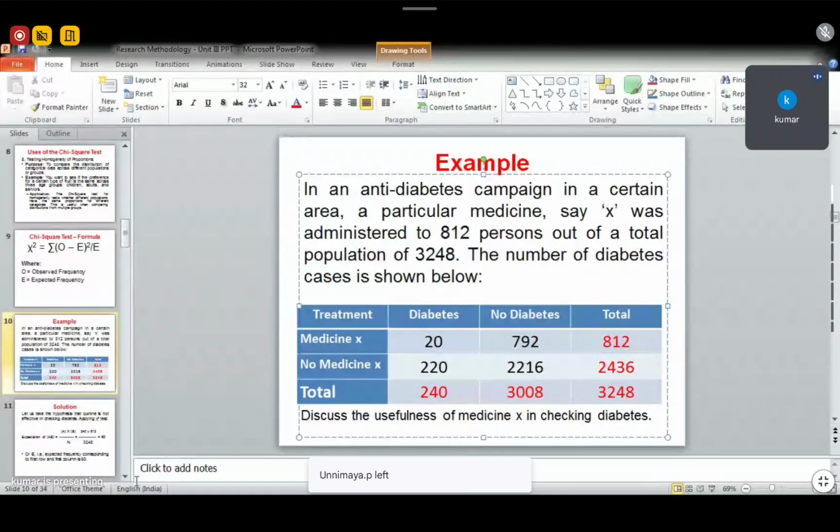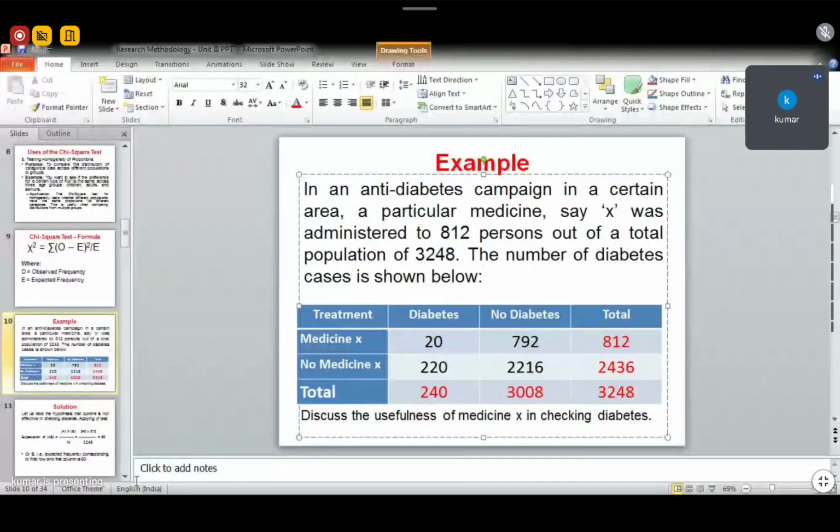That is the actual observation. What is expected? If you administer medicine on 812, all those 812 should not be affected by diabetes. Whereas what is actually observed is, out of them, only 792 were not affected by diabetes, whereas 20 were affected by diabetes.